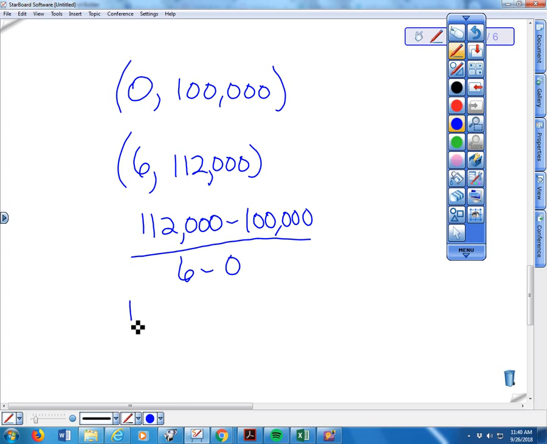So that's 12,000 over 6, which is 2,000. So the slope is 2,000. That's letter A. P equals 2,000 t, so the slope's 2,000, y-intercept's 100,000.